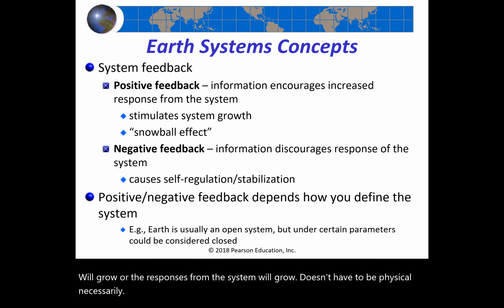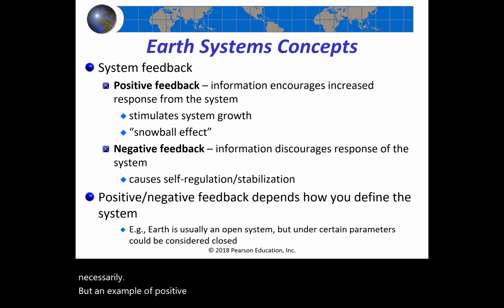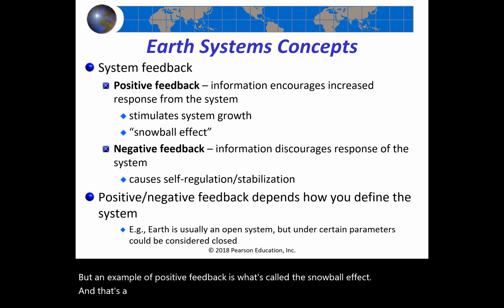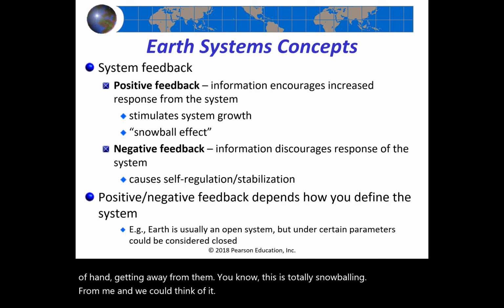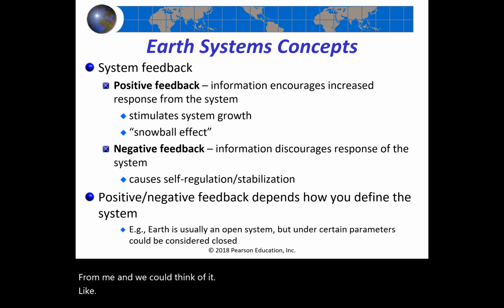But an example of positive feedback is what's called the snowball effect. And that's a phrase that people use to describe something that's kind of getting out of hand, getting away from them. This is totally snowballing from me. And we could think of it like taking a snowball and rolling it down a hill.